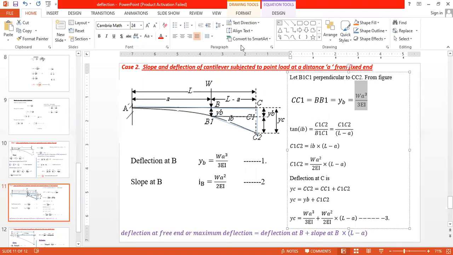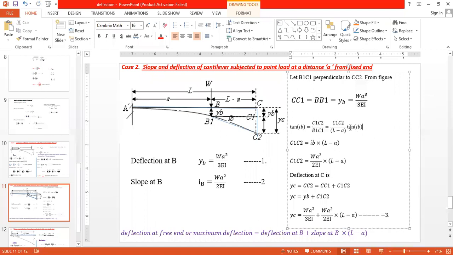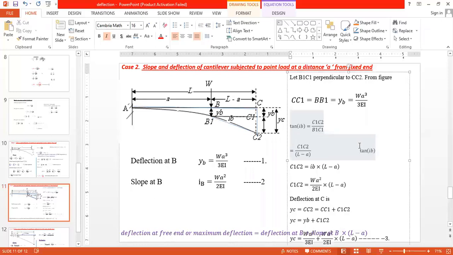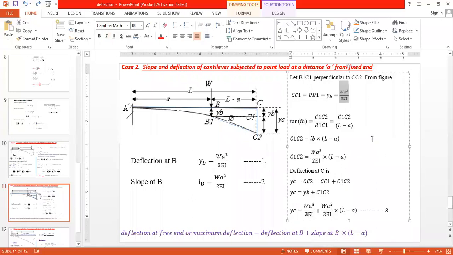Now if your deflection is very small, that means for small deflection we can consider small slope also. Therefore I can write tan IB equal to IB.